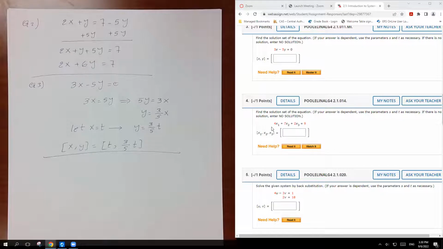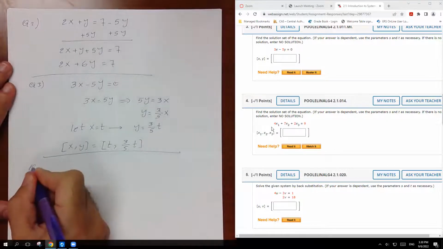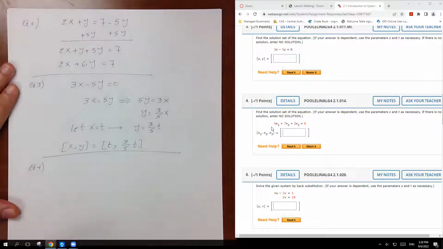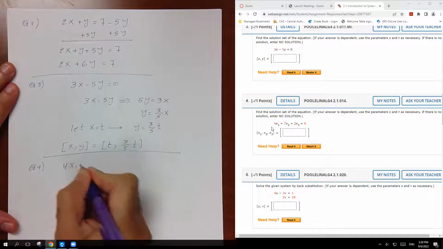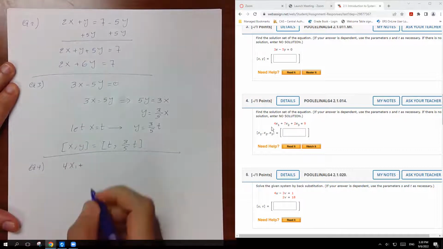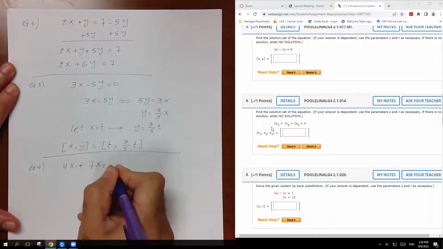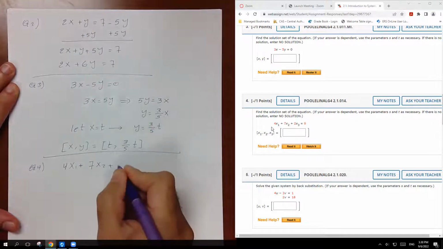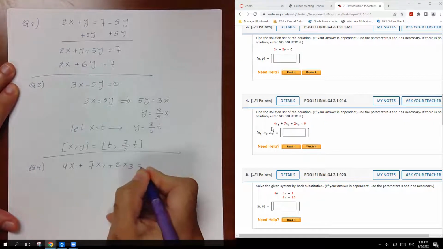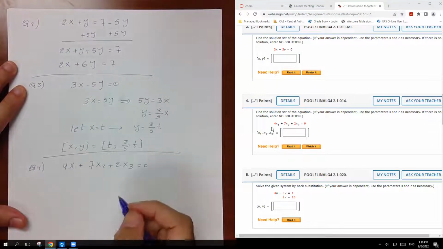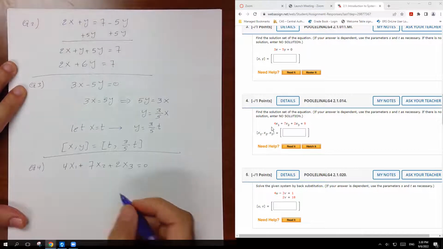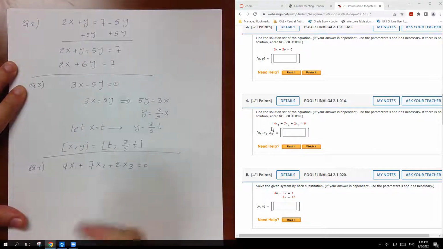Let's do the same thing with question 4. We have 4x1 plus 7x2 plus 2x3 equals 0. Now I need to find a solution set. So I'm going to solve this. It's up to you which one you're going to solve for. Let's solve it for x3. That means keep x3, move everything to the other side.